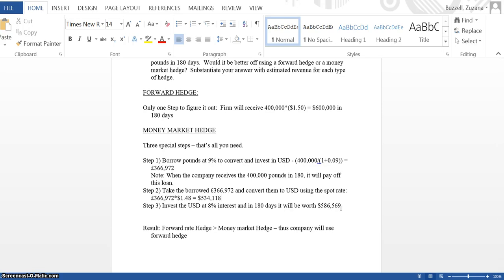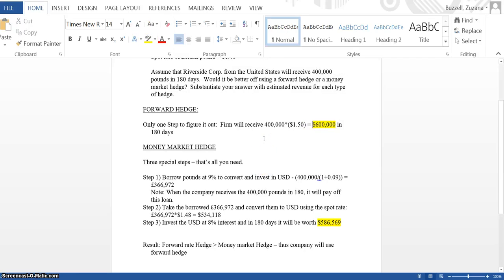However, you have to look at other options you have for hedging. So when a company gets money and they know they have to pay something, they always do at least 2 or 3 hedging techniques in order to realize what's better for them. So this will give us $600,000 in 180 days, the forward hedge, while this will only net us $586,000. So obviously when we compare them, what would be better for us?